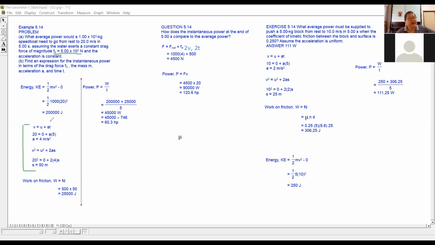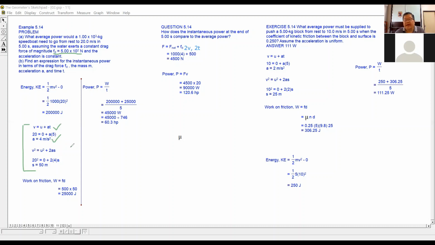So we start by finding the acceleration. Using the formula v equals u plus at, final velocity is 20, initial velocity is 0, acceleration we don't know, and the time taken is 5 seconds. From here we can calculate the acceleration, and the acceleration is 4 meters per second squared.